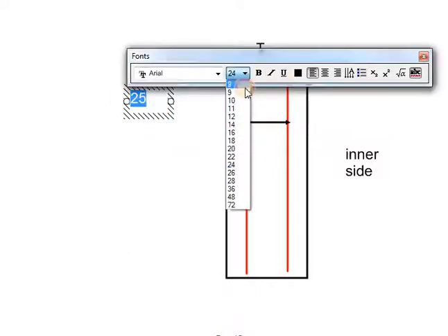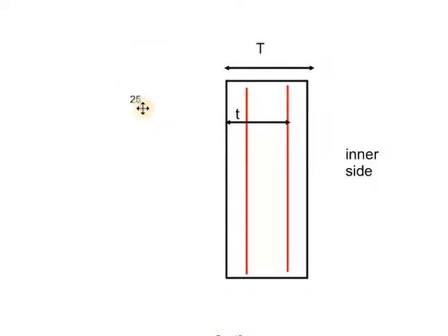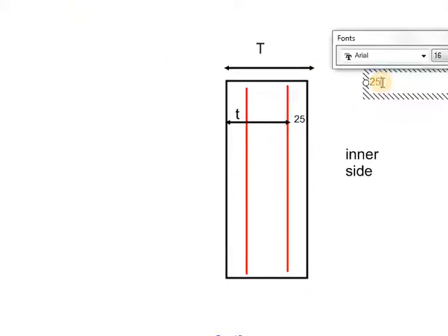Then capital T is nothing but from the outside to the center of the reinforcement. If the reinforcement diameter is 10 mm, so 25 plus 5 you can take. So small t plus 25 plus 5 will give you your capital T.